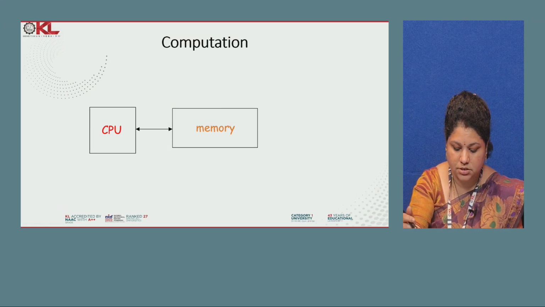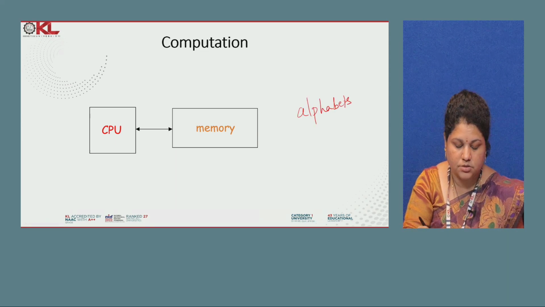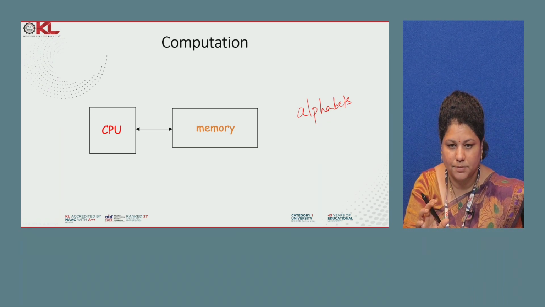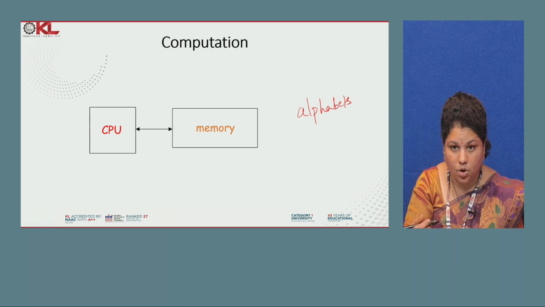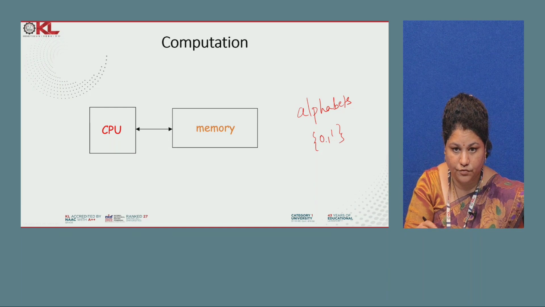After that we have to learn alphabets. Alphabets are nothing but a collection of symbols. Among these alphabets we have binary alphabets, meaning 0, 1. The combination of zeros and ones we can call an alphabet.